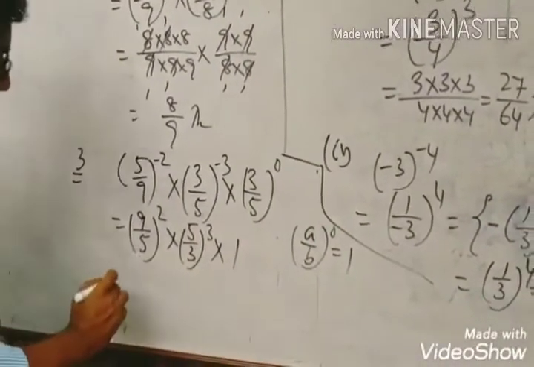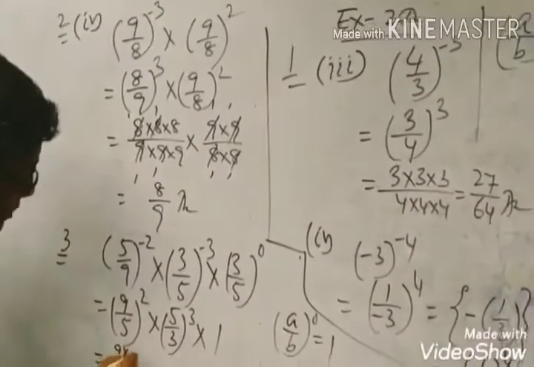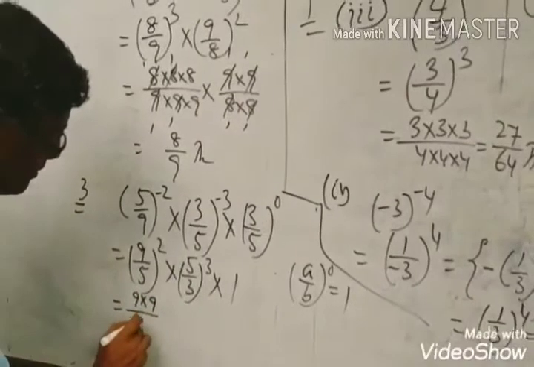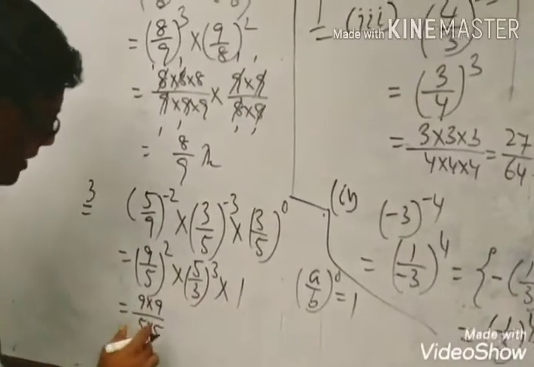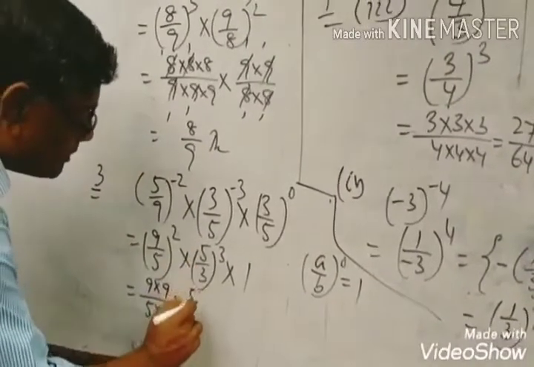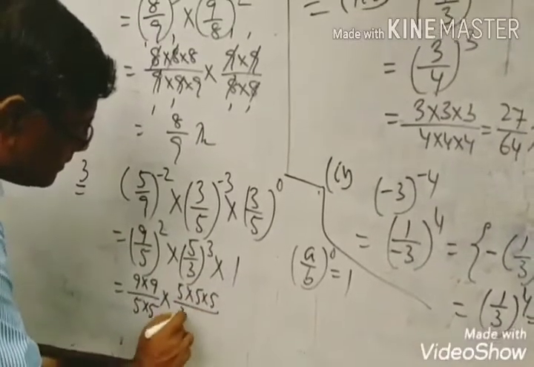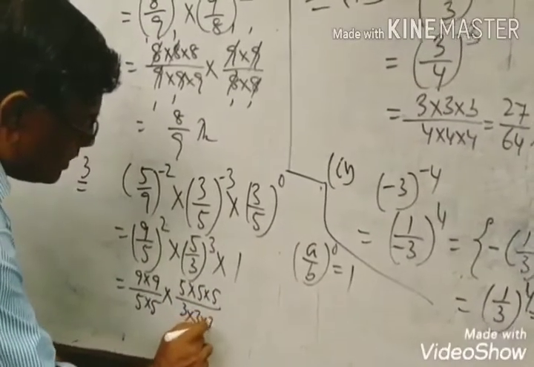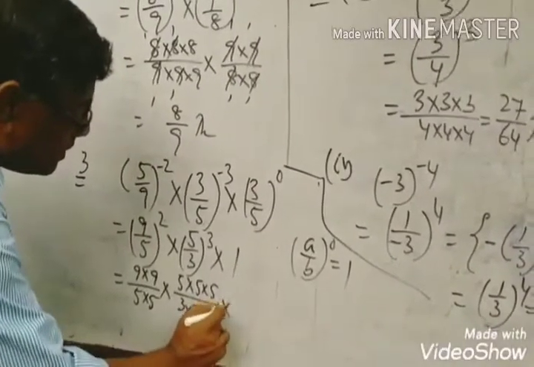Now 9 into 9 by 5 into 5. (9/5) whole square means 9 into 9 by 5 into 5, into 5 into 5 into 5 by 3 into 3 into 3, into 1.